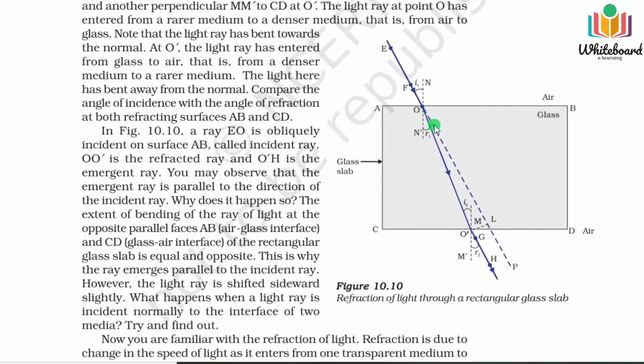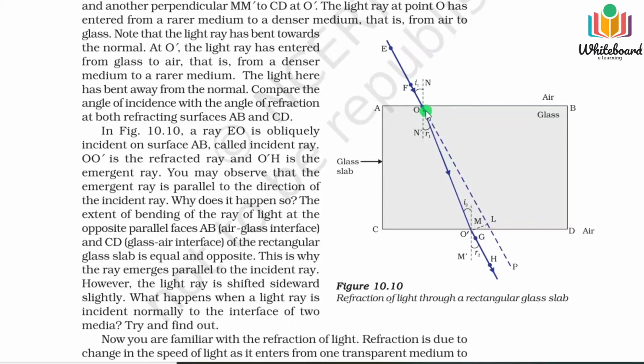You can see here the air is the rarer medium and glass is the denser medium. So when light goes from the rarer medium to the denser medium, the refracted ray always bends towards the normal.